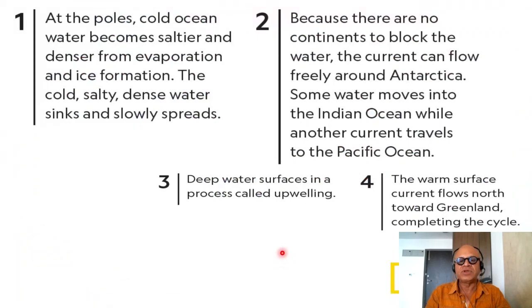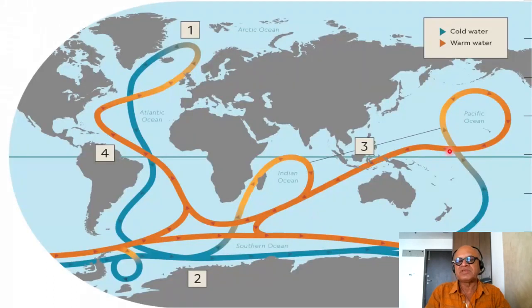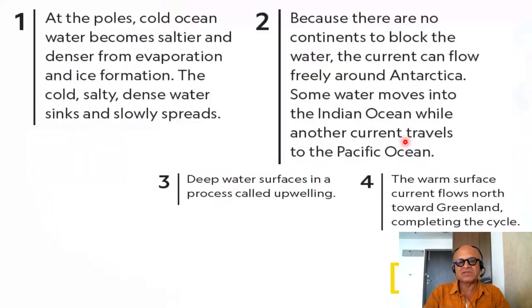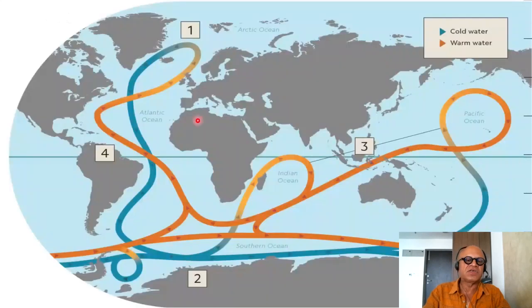Okay, so deep water surfaces in a process called upwelling here. So the deeper waters are brought to the surface by upwelling and mixing. So it's simplistic to call it just upwelling. The warm surface current flows north towards Greenland, completing the cycle here.